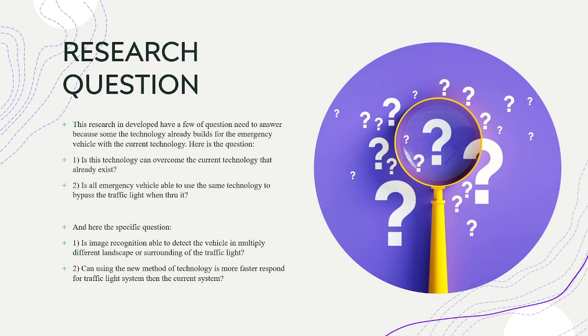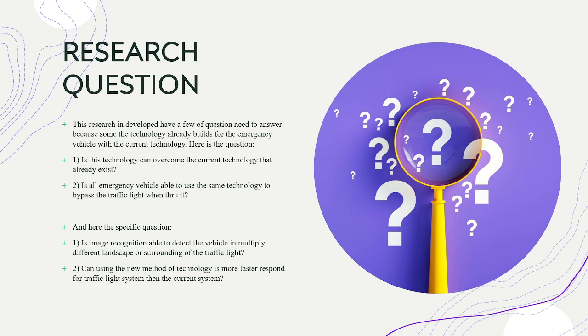Okay, for the research questions, we have a few questions to answer, because some systems are already built for emergency vehicles with the current technology. Here are the questions: can this new technology overcome the current technology that already exists? Can all emergency vehicles use the same technology to bypass traffic lights?